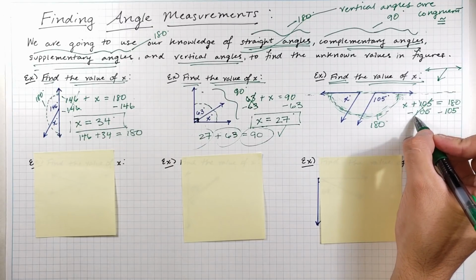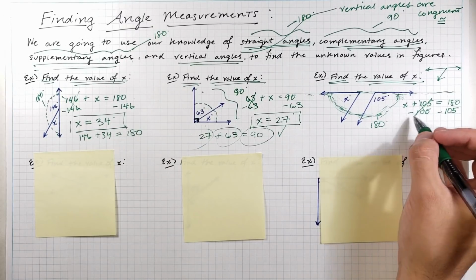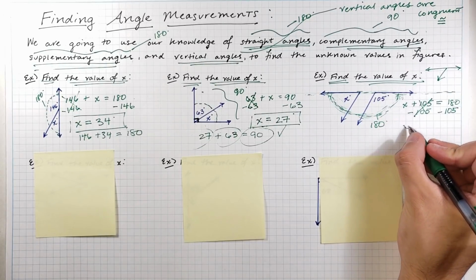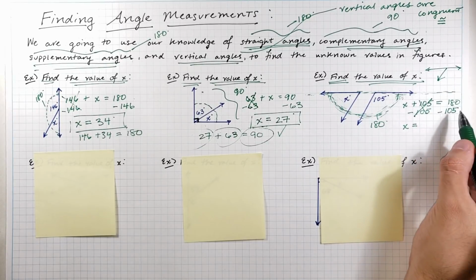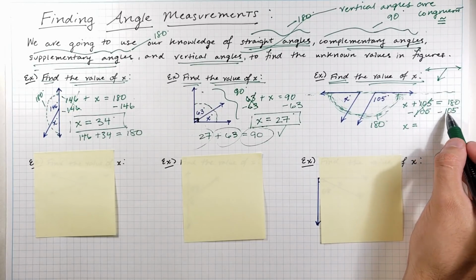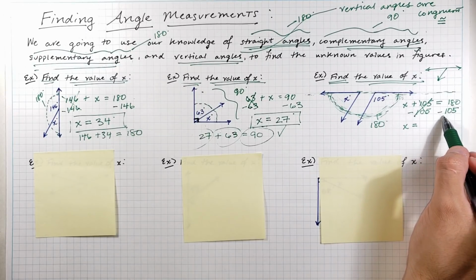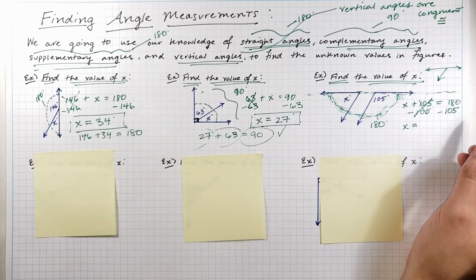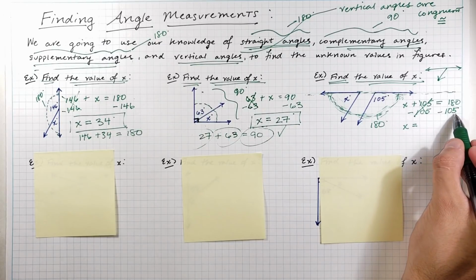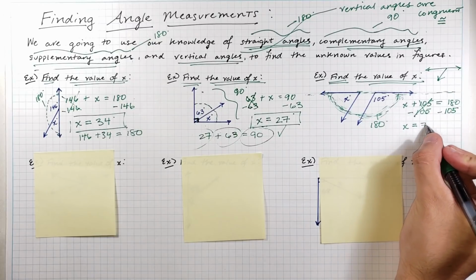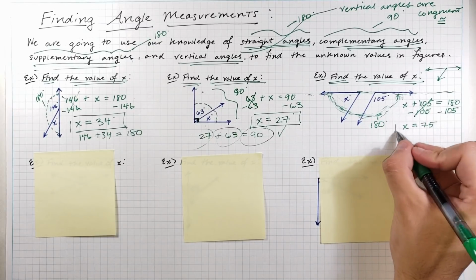You don't need to write 0 in an equation. You'll get x equals 180 minus 105. Well, 180 minus 100 is 80, and then take away that 5 that we didn't do, is 75. So you'll get x equals 75.